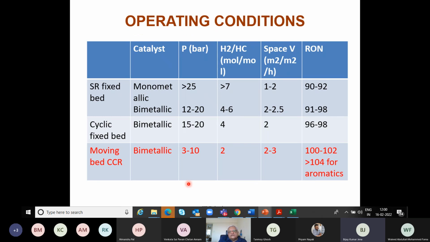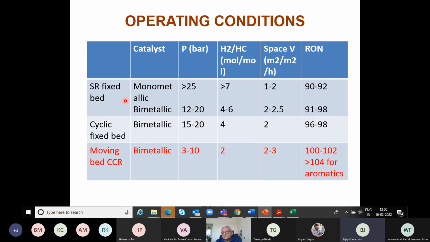And the operating conditions are summarized here. In the fixed bed or semi-regenerative bed, initially it started off with just a monometallic platinum catalyst, then it became bimetallic, platinum plus rhenium.